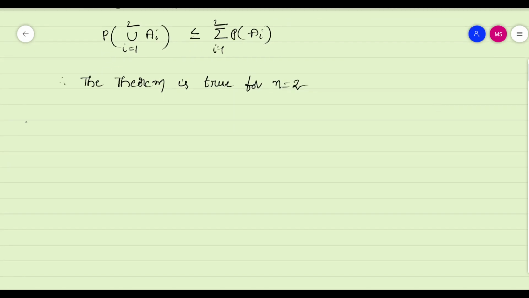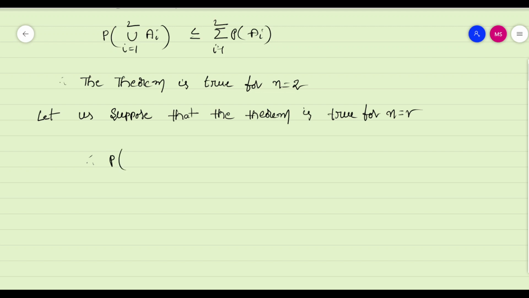Next, let us suppose that the theorem is true for n equal to r.